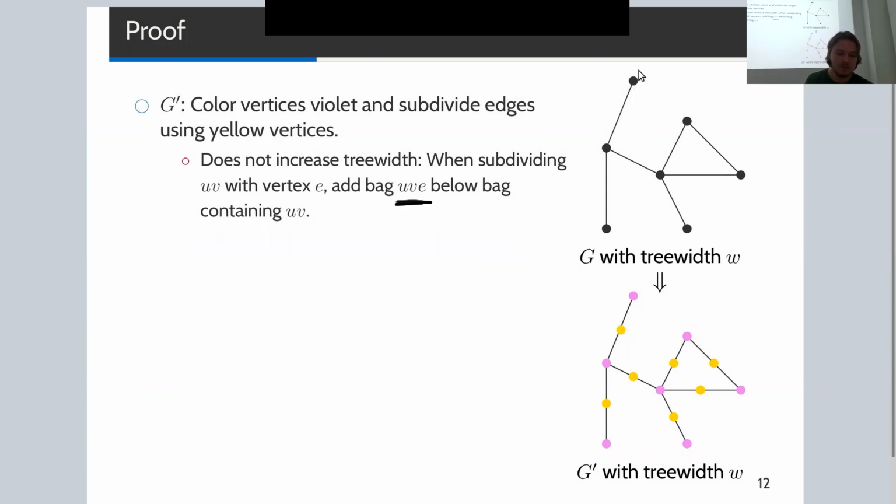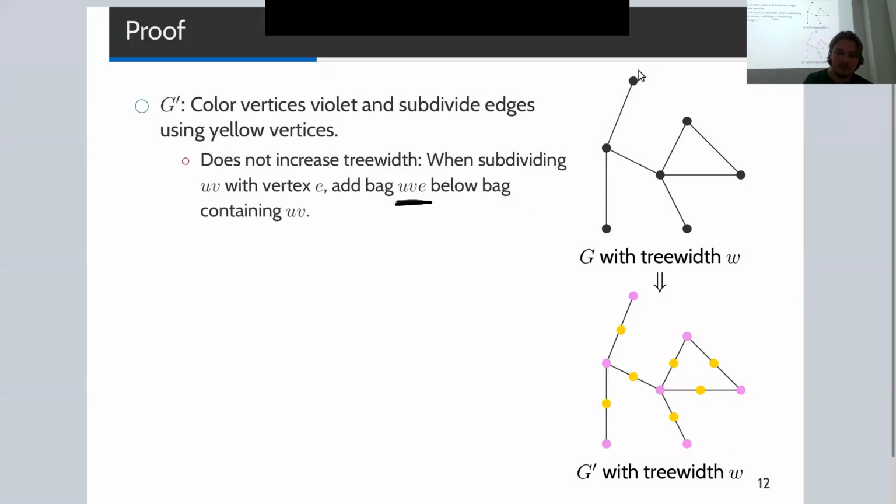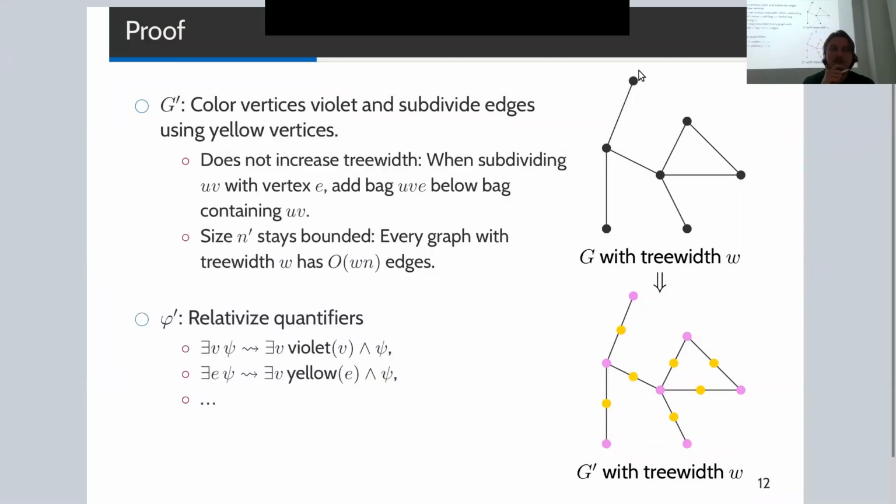Why are we expressing the bound in terms of the tree width and not in terms of the number of vertices and edges? We're bounding the new number of vertices as a function of the old number of vertices. Yeah, that's fine. And the tree width. Yeah, but we have to do that, because we cannot bound it just as a function of the old number of vertices. Okay.